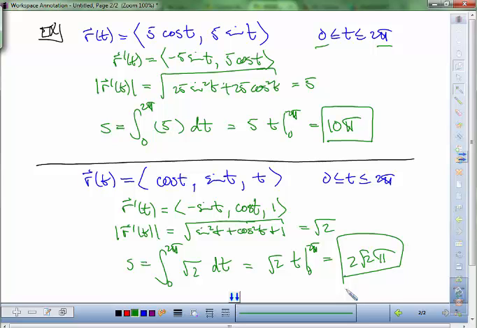If you have anything else aside from these trig functions, like some things with t's, so you'll have square roots of something squared, if you're doing it by hand, you may need to pull out your old trig substitution techniques and things like that. But I'm not teaching that, so I'm not going to worry about doing stuff like that. So this is arc length. Is that cool?